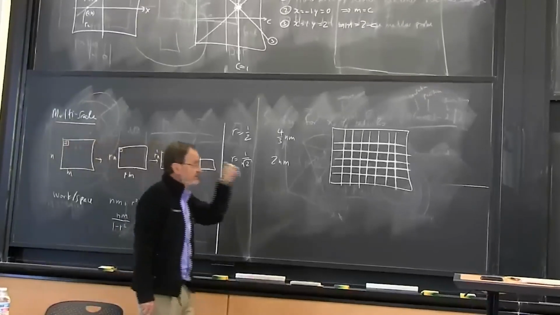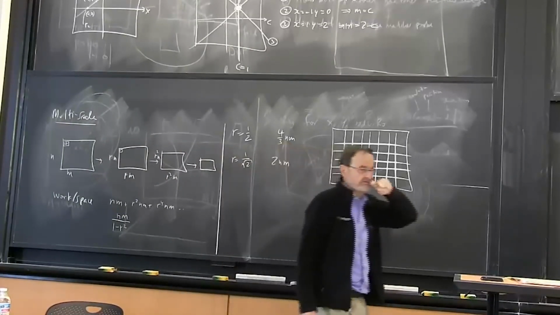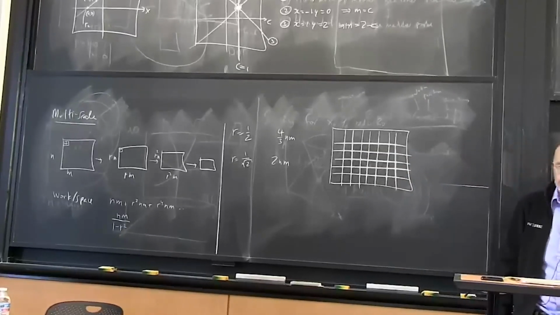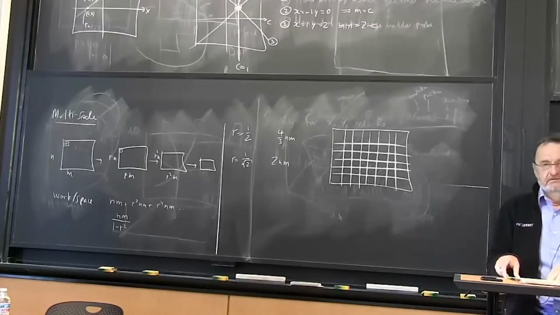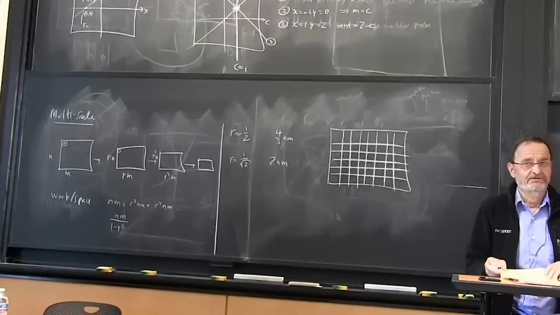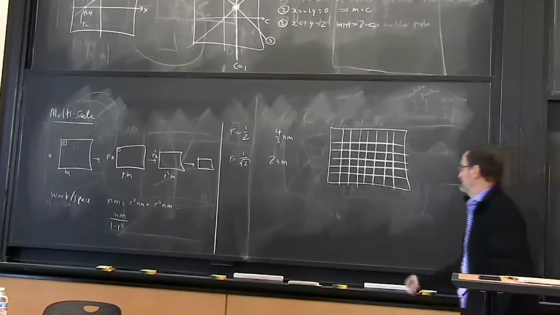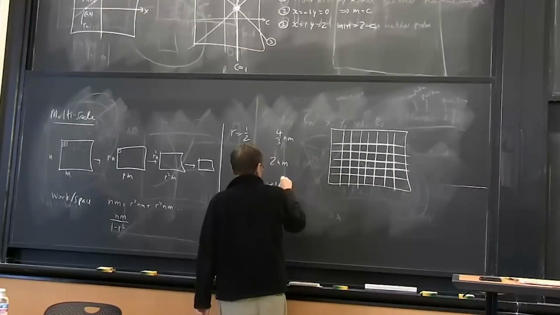So can you think of a way of subsampling this grid so that you reduce the number of cells by 2 rather than 4? Anyone play chess or drafts? Right, so checkerboard will do it. So we can do a red, black, or red, white, red, black.